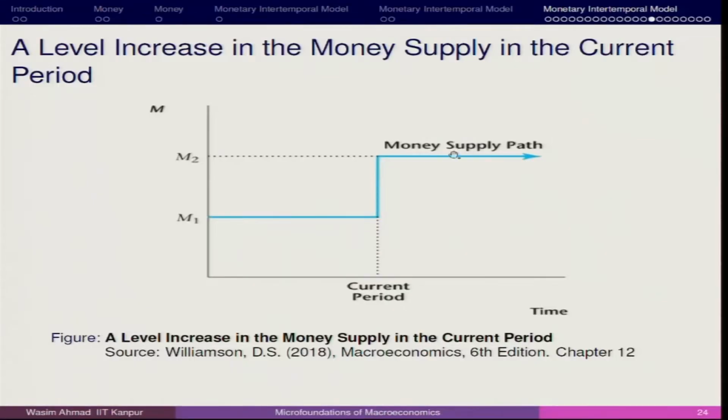Whatever amount of money individuals get by the bond maturing will also lead to an increase in money supply. So, the path of money supply looks like this. It also requires some kind of dynamic system to understand, but in the simple context we can put it this way: a level increase in the price in the current period. This is how it looks.